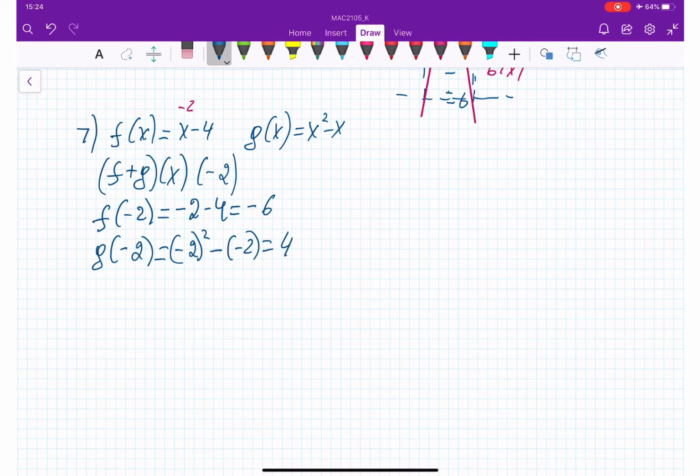We are getting 4 and negative plus 2, so we get positive 6. So from here, f plus g of x is equal to -6 plus positive 6, and it's equal to 0. All right. Next one.